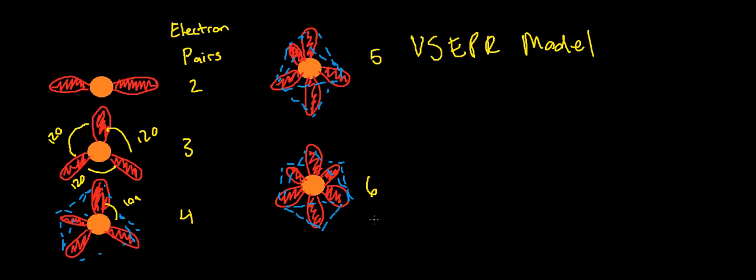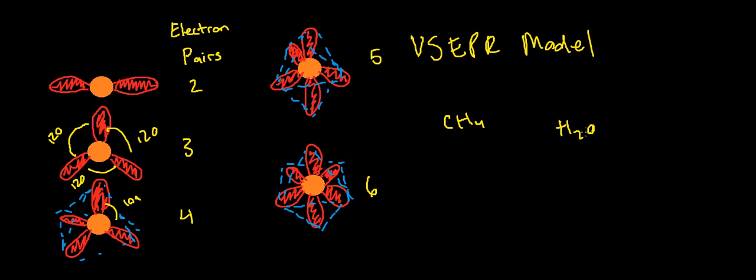Now, the only other thing that needs to be mentioned is what happens when I have something like water. Or first, let me think of methane. Methane is very simple. It has 4 valence shell electron pairs, so it would have tetrahedral geometry. But what about water?